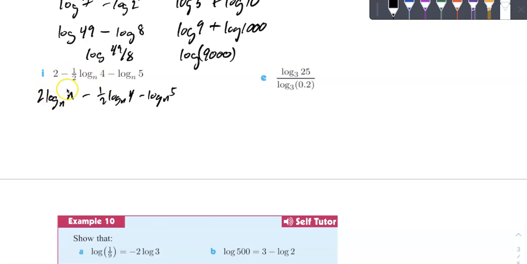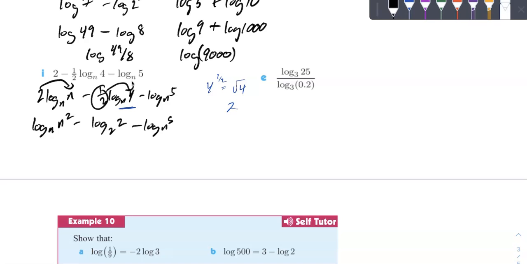So the numbers in front, you got to make them a power. Right here, 4 to the 1/2 power is the same thing as saying the square root of 4, so that's 2. So we're going to get log n squared minus log n2 minus log n5.